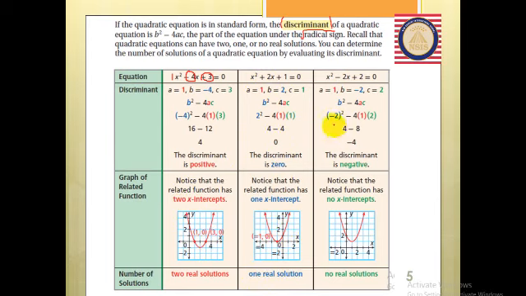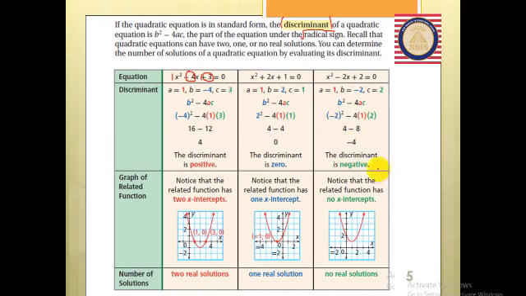What about if my discriminant is negative? The discriminant is under the square root. We said the square root of a negative has no real solution. Remember? So if my discriminant is negative, there is no real solution.